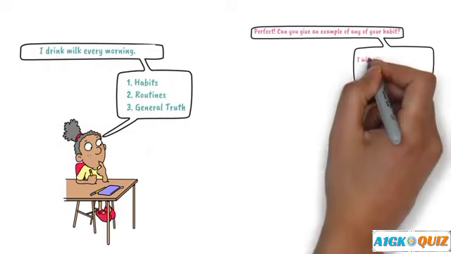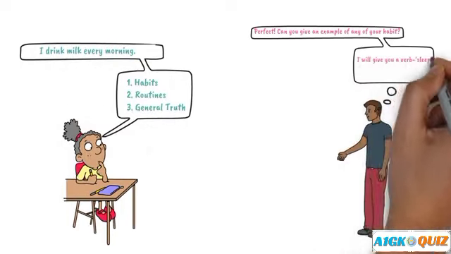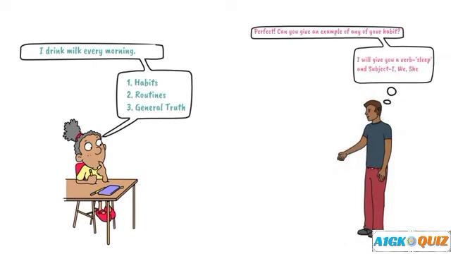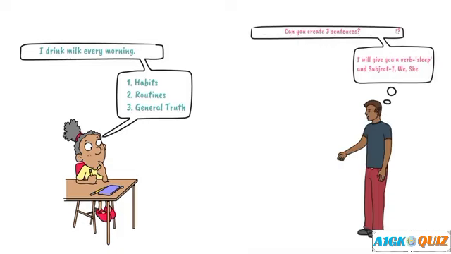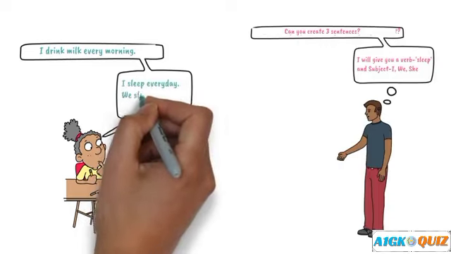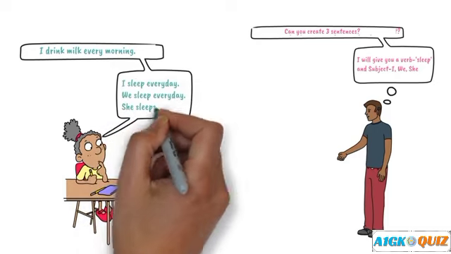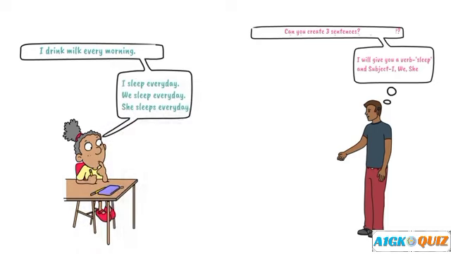Wow. Now, I will give you a verb, sleep, and subjects I, we, and she. Can you create three sentences based on these learnings? Sure, the sentences are I sleep every day, we sleep every day, she sleeps every day. Great. Here we learned all about positive sentences.